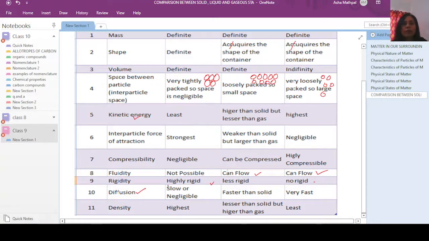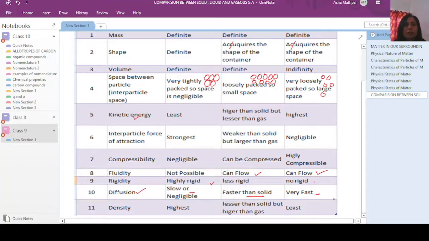So obviously diffusion we will not be able to see, that is why slow or negligible here, but it is more in case of the liquids as compared to the solid, and it is very high or fastest in case of the gases because diffusion is directly related to the kinetic energy.